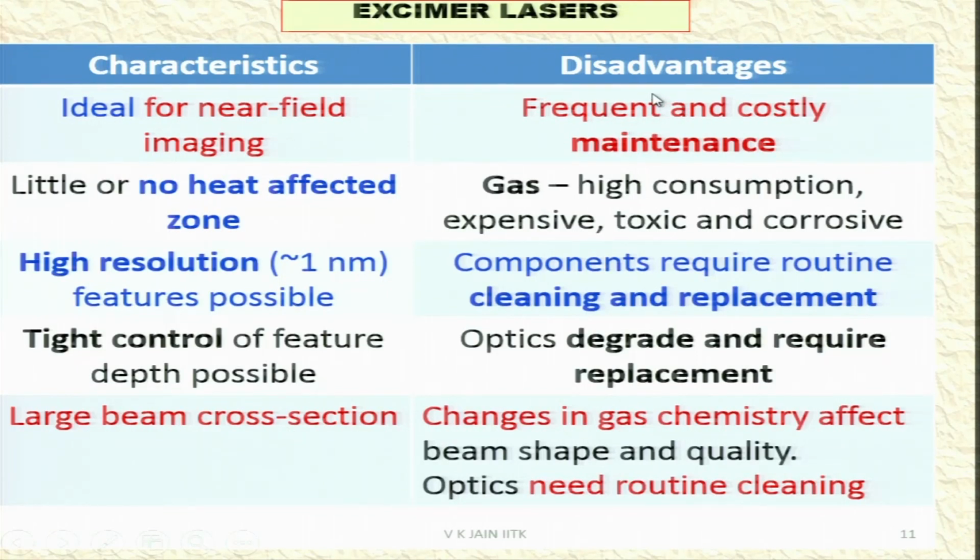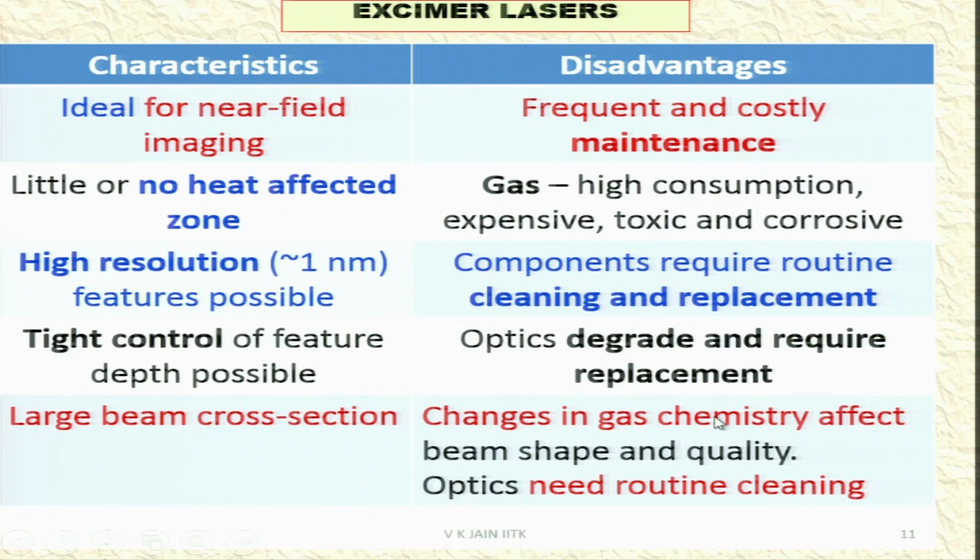But disadvantages are also associated with excimer laser: frequent and costly maintenance of these lasers. Gas has a high consumption, it is expensive, toxic and corrosive in nature. Components require routine cleaning and replacement in case of excimer laser. Optics degrade and require replacement.